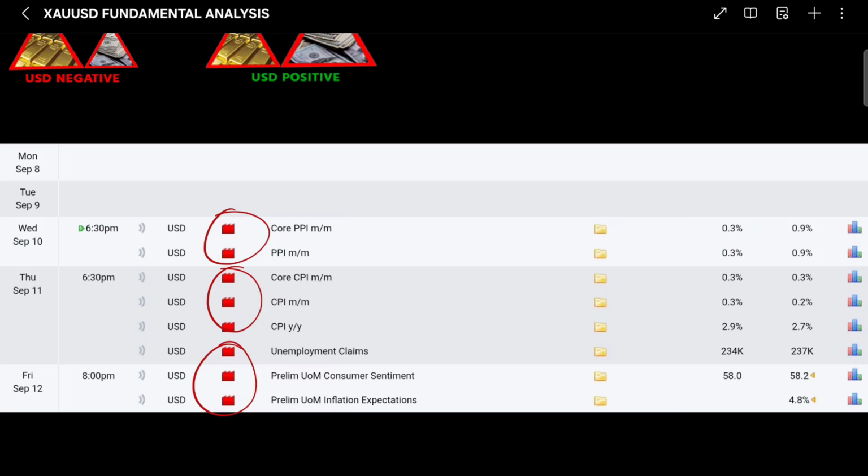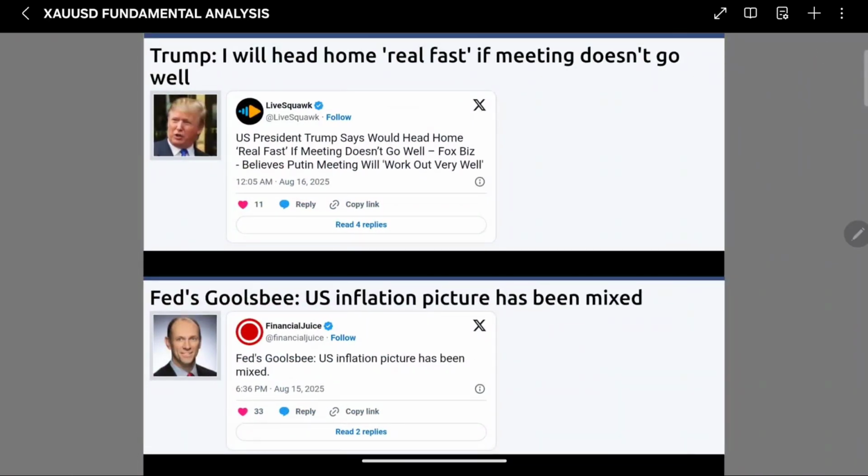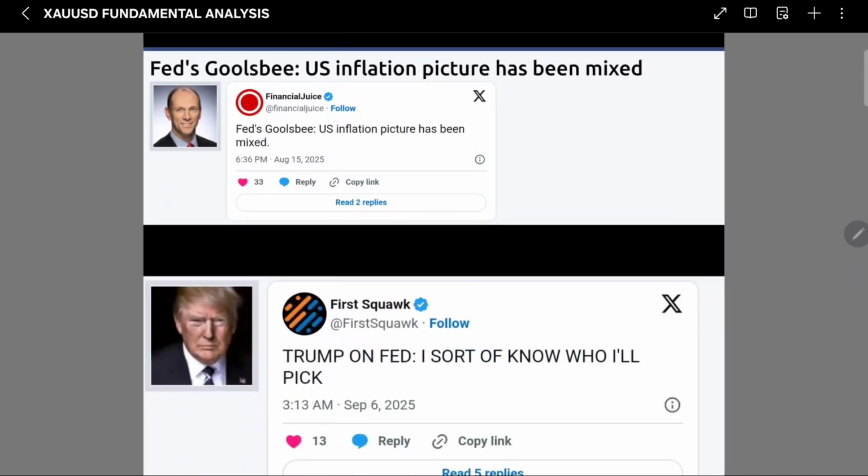As you can see, last Friday, the NFP news, the market moved more than 500 pips. Those types of news really impact the market. And there is another type of news, if I want to show you. As you can see, there is some news from maybe Truth Social, or it can be from X or Twitter.